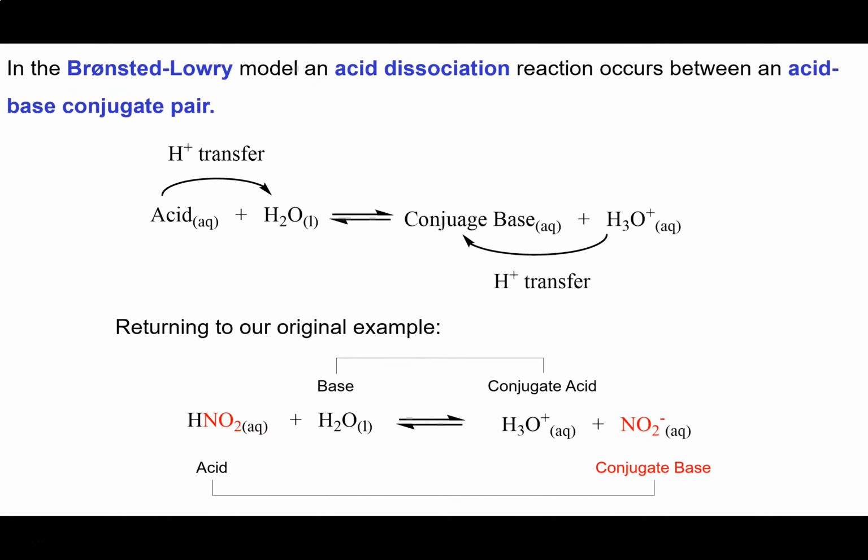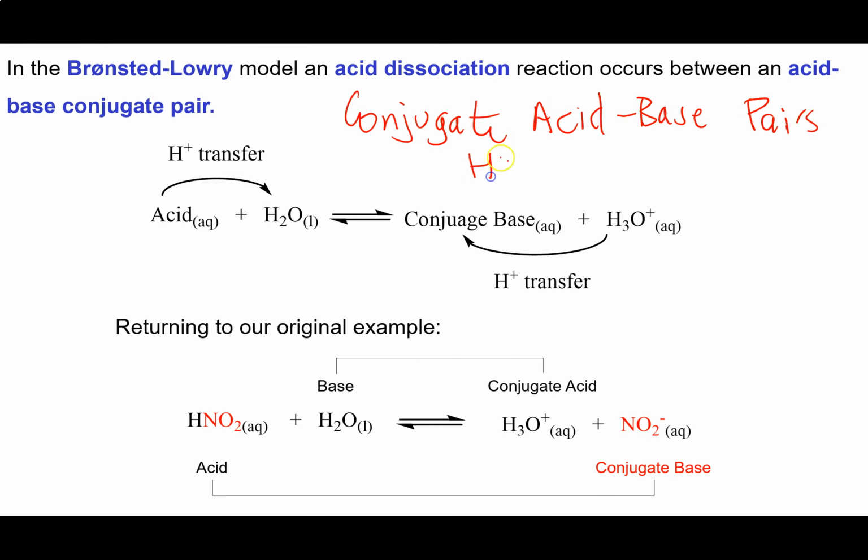Okay, so we call these conjugate acid-base pairs. What they are is an acid and a base, and the only difference between them is 1 proton.